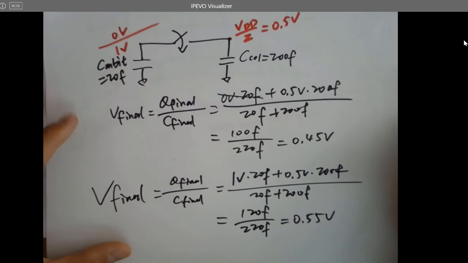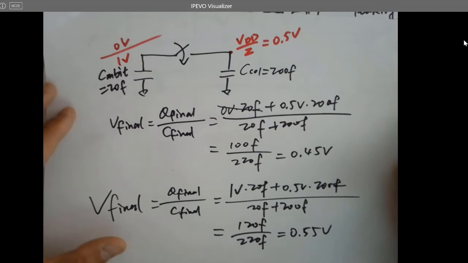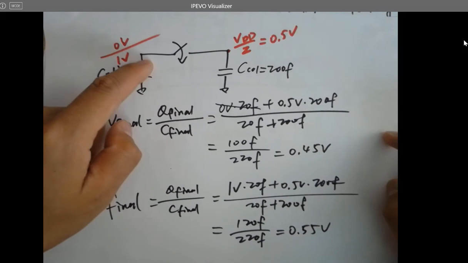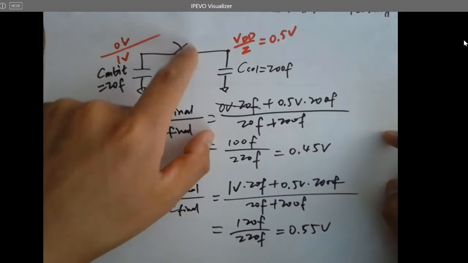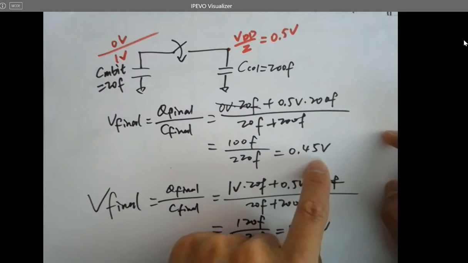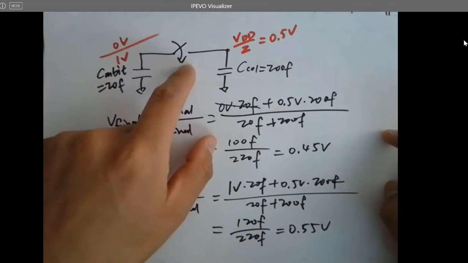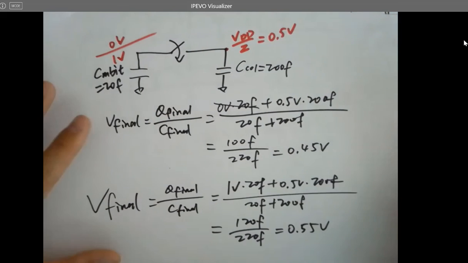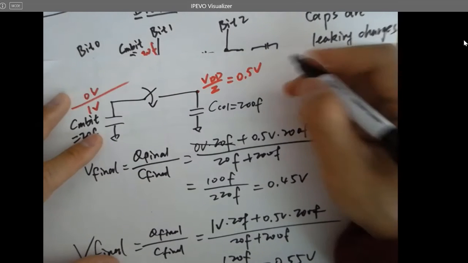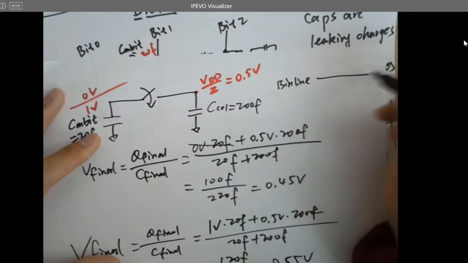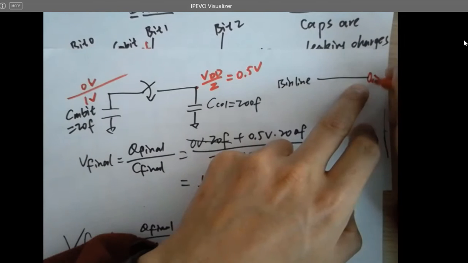So if you have 0 volts stored in a memory bit at the very beginning, if you close the switch, you are getting 0.45 volts. If you have 1 volt stored in a memory bit at the very beginning, if you close the switch, you are getting 0.55 volts. So it's like the bit line has an offset, which is 0.5 volts.